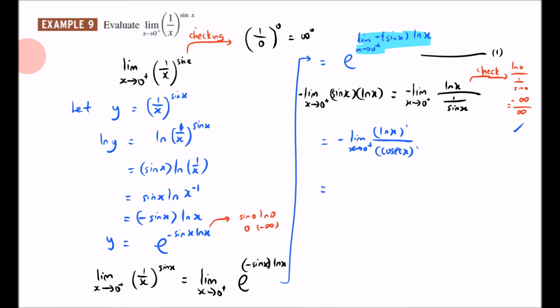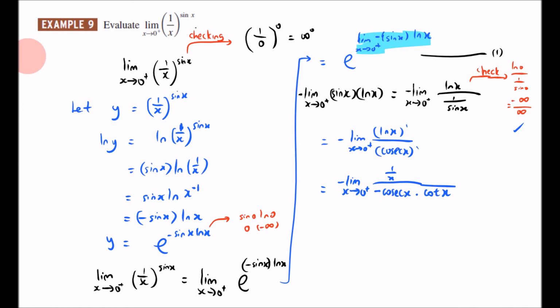So use our formula: 1 over x over, now cosecant when you differentiate will become minus cosecant x times cotangent x.